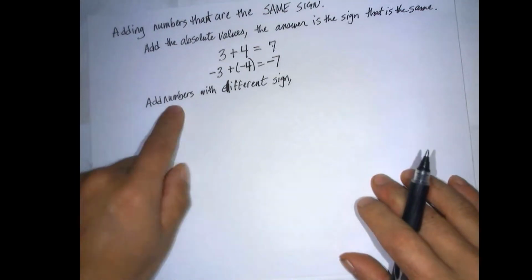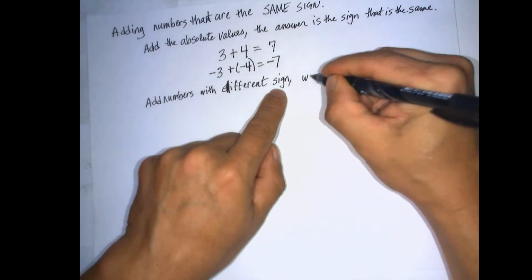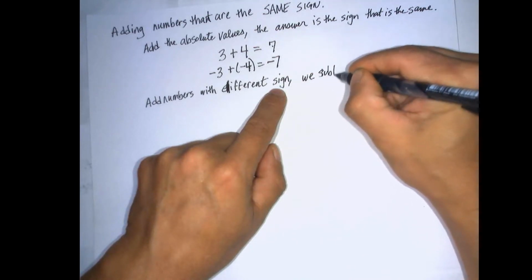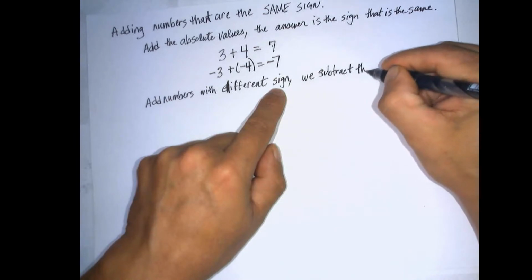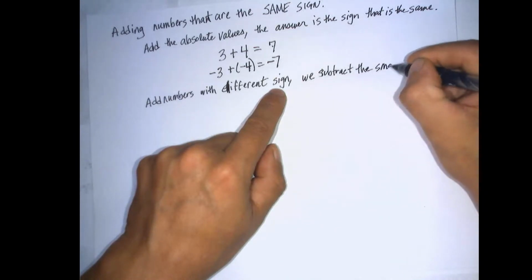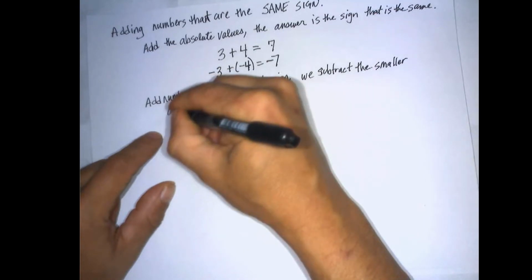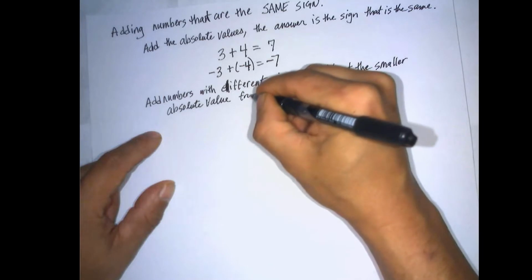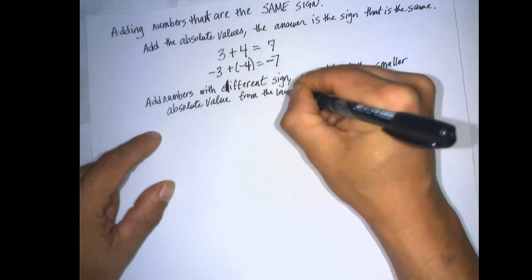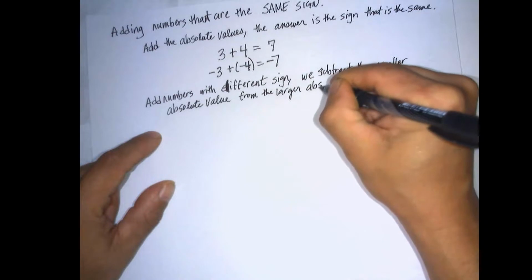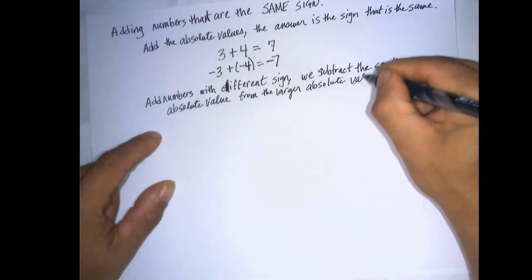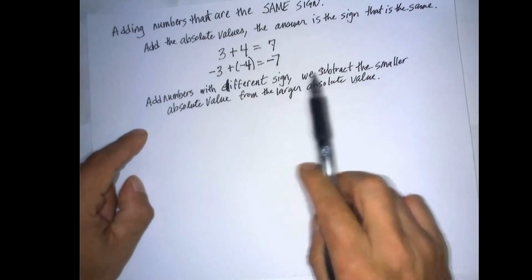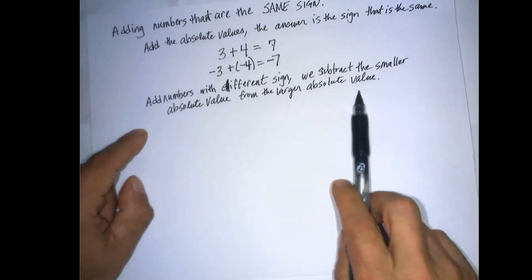If we add numbers with different sign, we subtract the smaller absolute value from the larger absolute value.